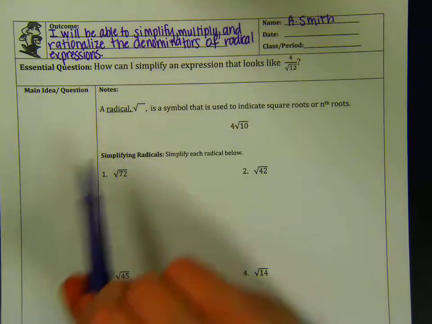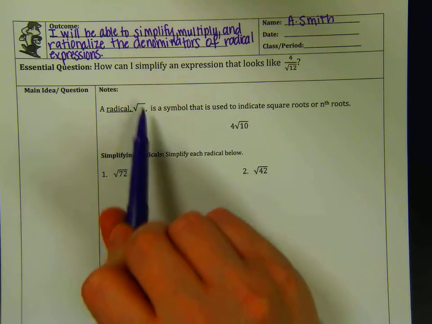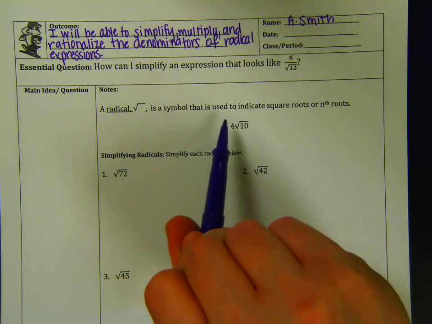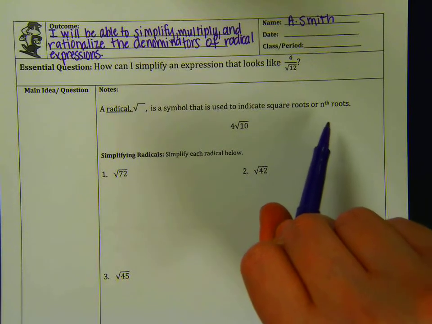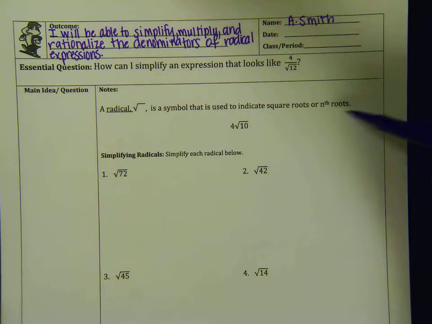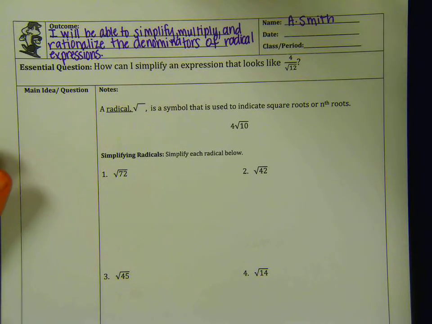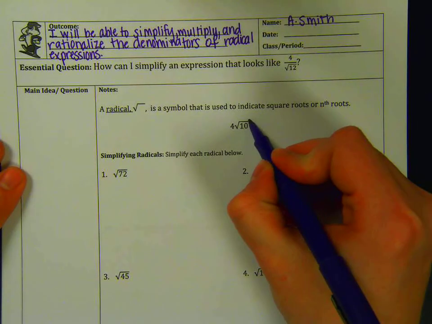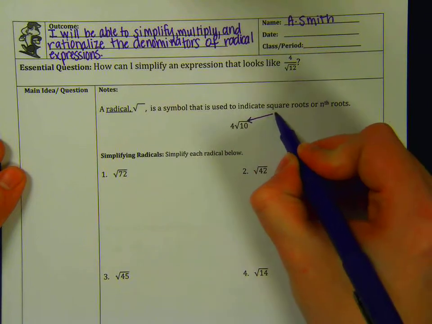A radical, and this is a symbol for it, is a symbol that is used to indicate square roots or nth roots. We really don't care about nth roots right now. For this unit, we're just caring about square roots. Let's label what these things mean. So right here is our radical symbol.